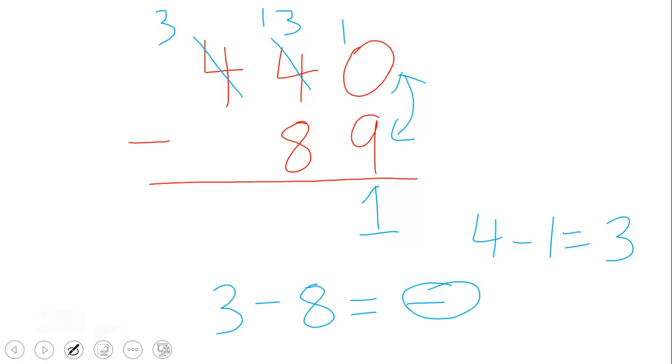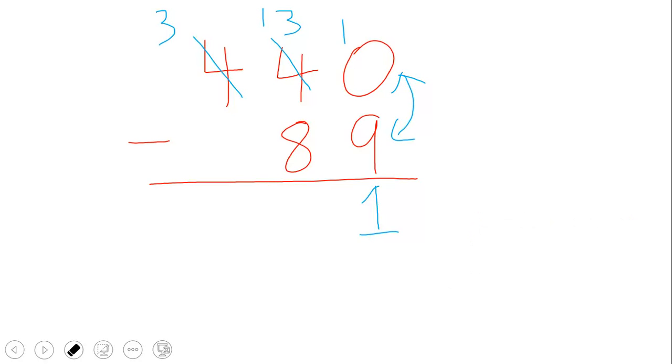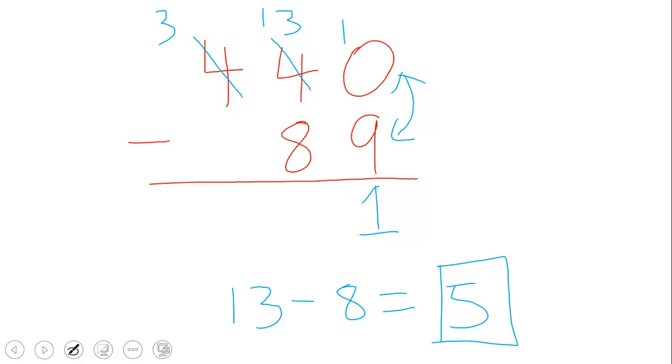So now we view this as 13 minus 8. What is 13 minus 8? 8, 9, 10, 11, 12, 13. That's 5. So 13 minus 8 is 5, and we place this 5 below the 8.